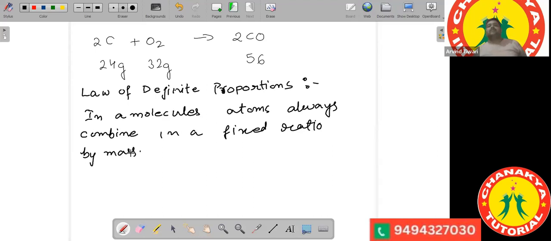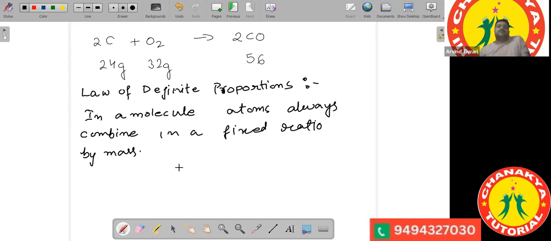In any molecule, whatever combining atoms are there, you will always find them in a fixed ratio by mass. They always follow a fixed ratio by mass.